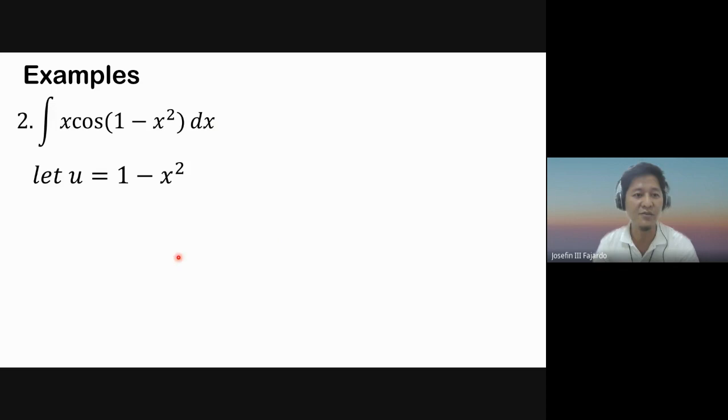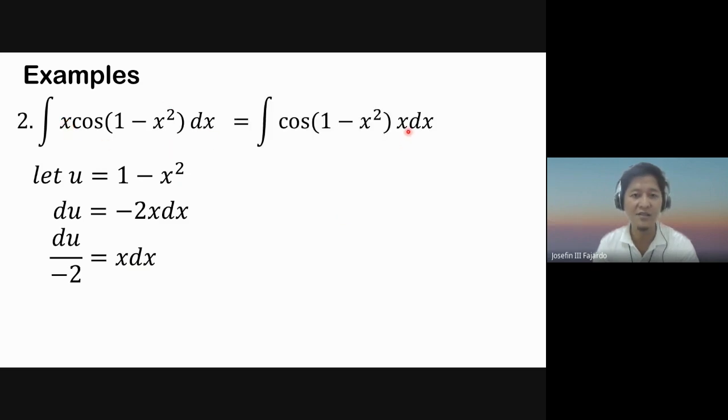So if I let u to be 1 minus x squared, and I get the derivative, we have this. Diba? And I divide both sides by negative 2, so we have this.